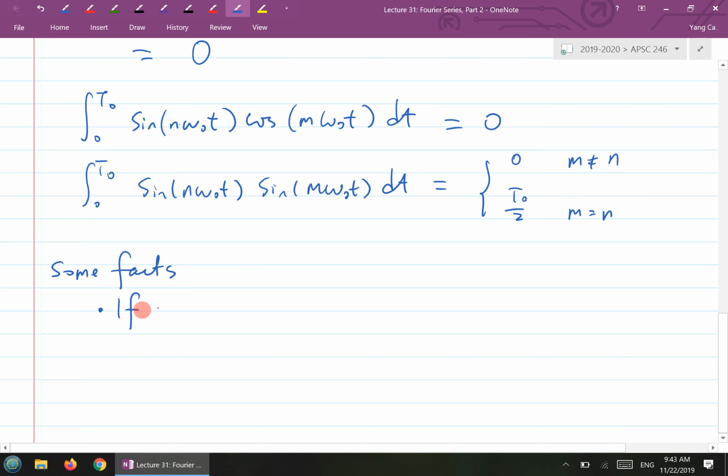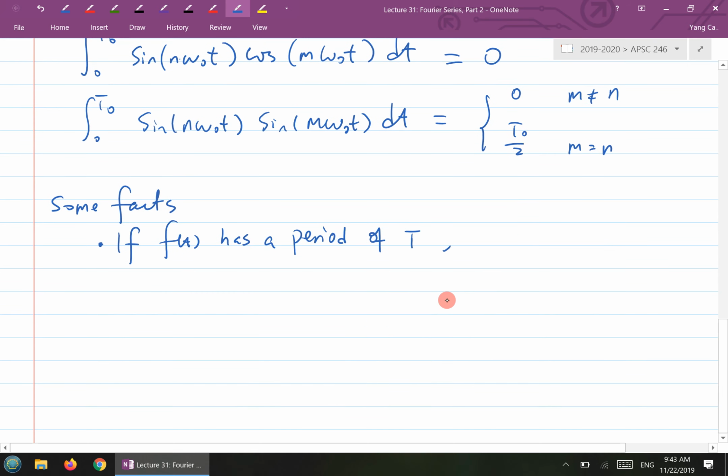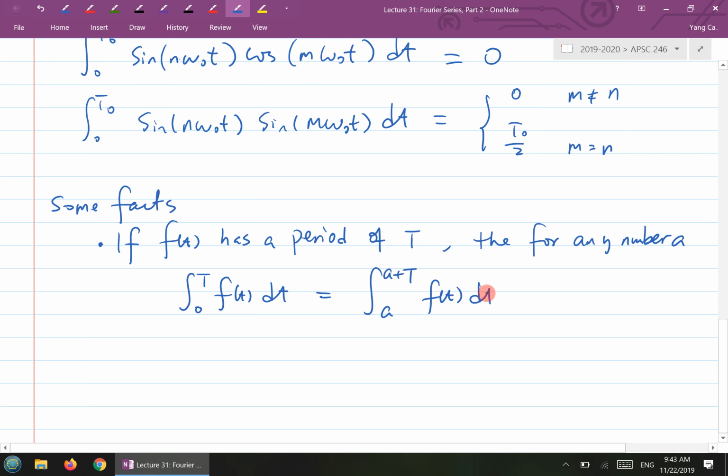First one: if f of t has a period of T, then for any number a, integrating this function from 0 to T is equivalent to shifting the integral by any number a.